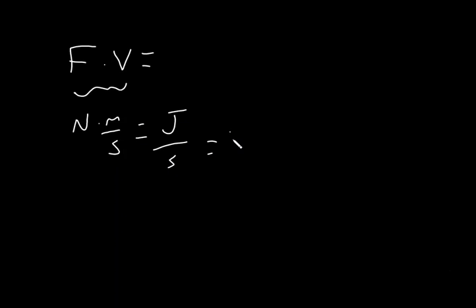There we go. Force times velocity, right? Well, this is in newtons, this is in meters per second, so this would be measured in newtons times meters per second, which would be a joule per second, which we actually call a watt, right? So that should hopefully make sense, just when you multiply and divide their units, right?